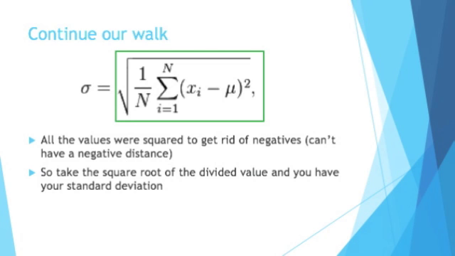Because it's an average. We just calculated all the distances away that people are from the mean. Now we want to know on average how far away are people. So take your sum of all the differences and divide it by the number of variables that you have. That's going to be your average distance away. Take the square root of that, because we squared all our values, and you're left with standard deviation.